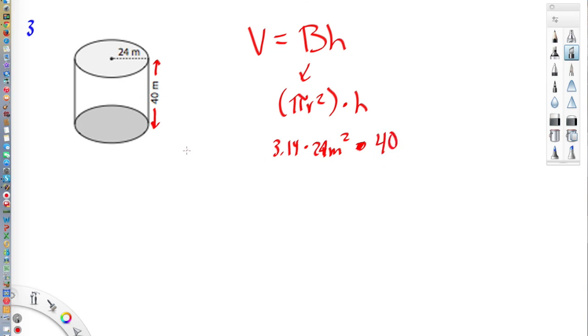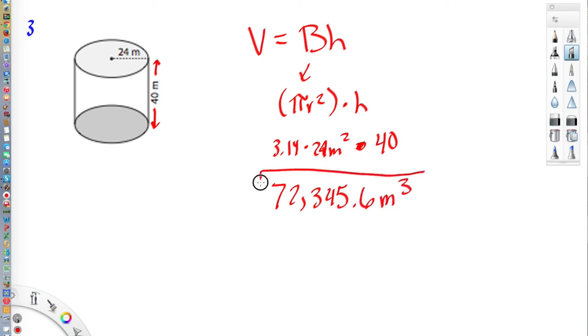So I take 3.14 times 24 times 24 times 40. I'm going to get a big number, 72,345.6 cubic meters. That's the volume of that cylinder.